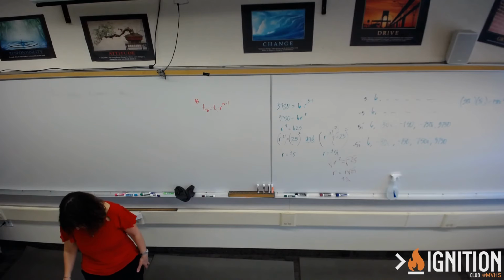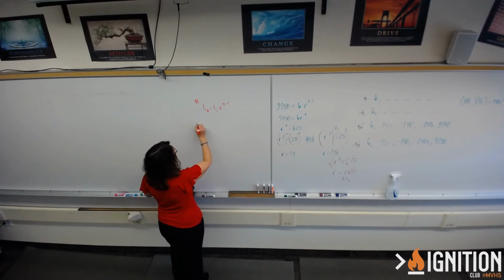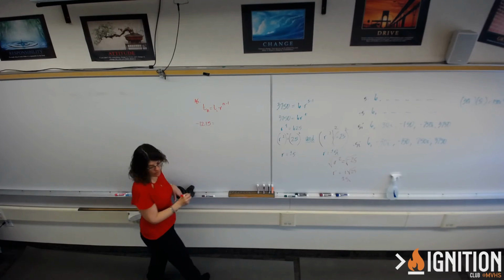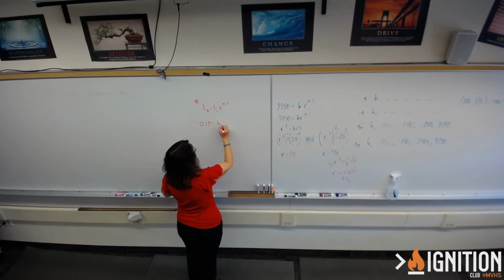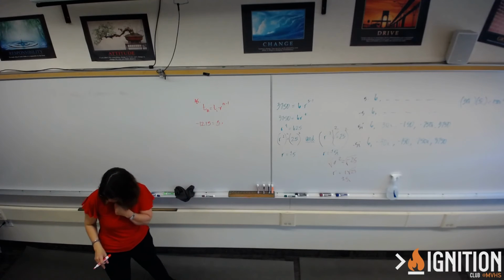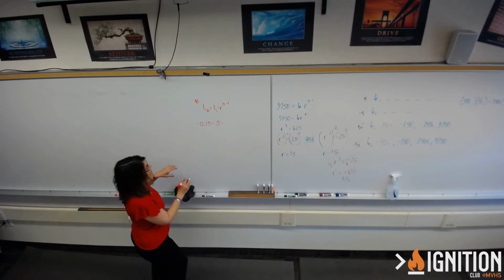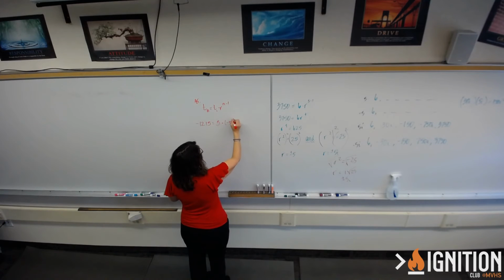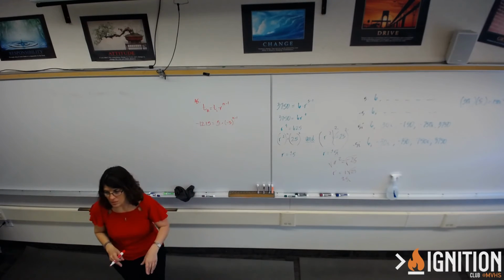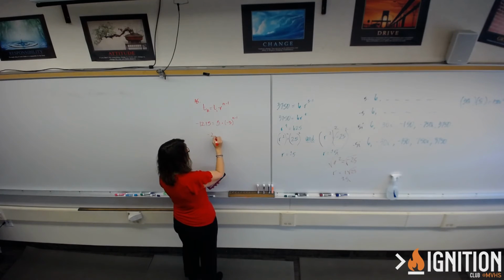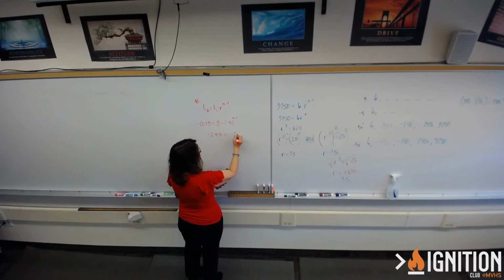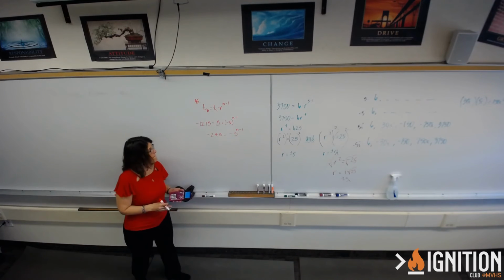So they want to know where negative 1215 is in the sequence. t sub 1 is 5, r is negative 3. Divide by 5.